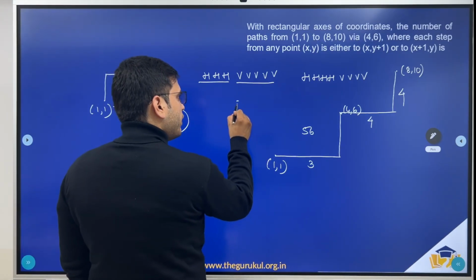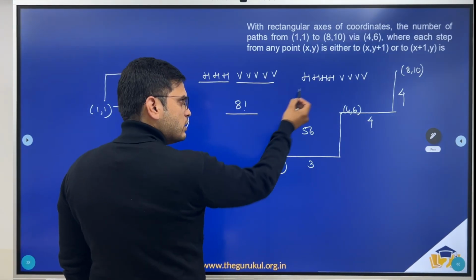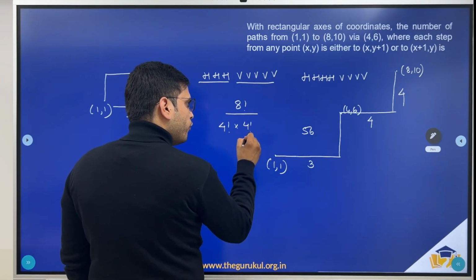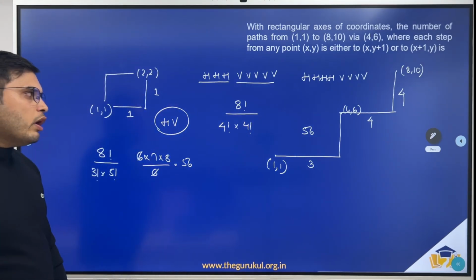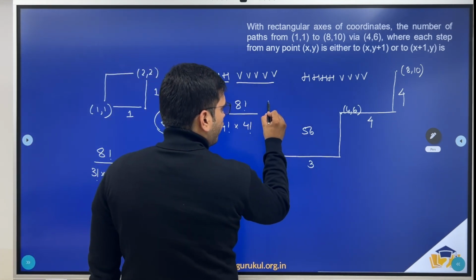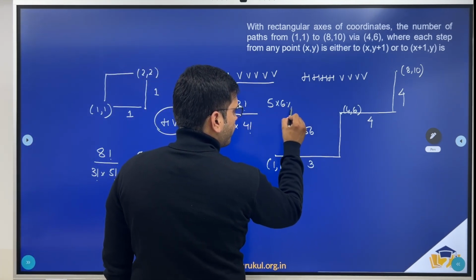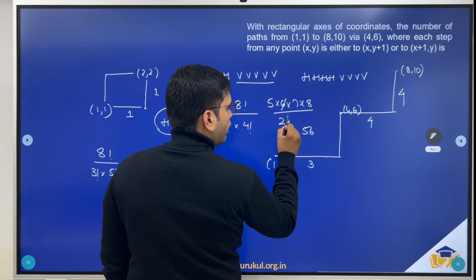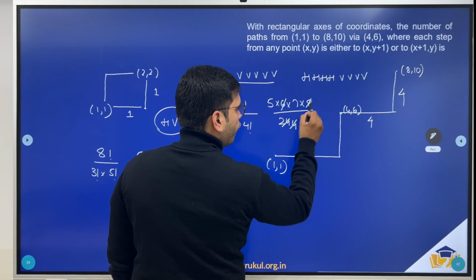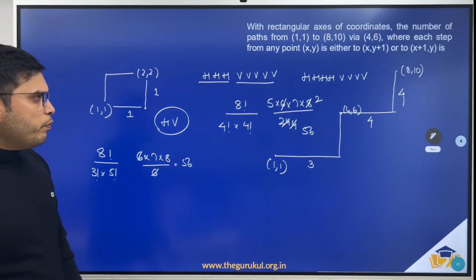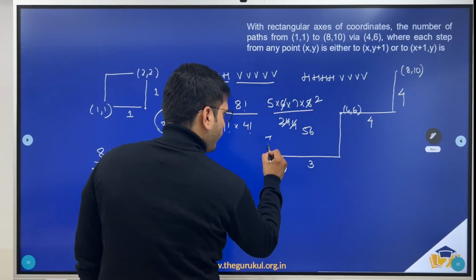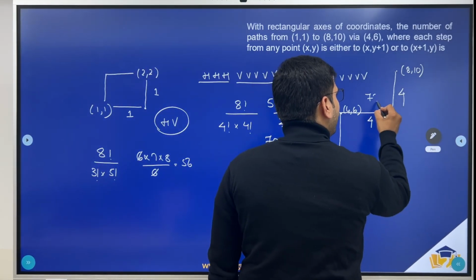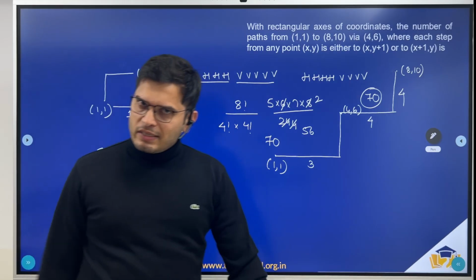How many ways? 8 factorial by 4 factorial into 4 factorial, since the 4 horizontal steps are identical and the 4 vertical steps are identical. So 8 factorial by 4 factorial would be 5 into 6 into 7 into 8, and 4 factorial is 24. Now 6 fours are 24, 4 twos are 8, so this would be 70. So there are 70 ways to reach 8, 10 from 4, 6.